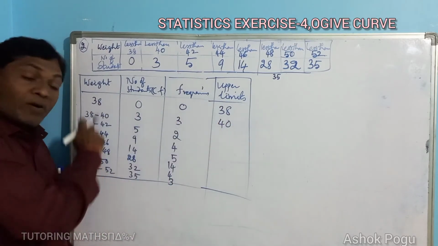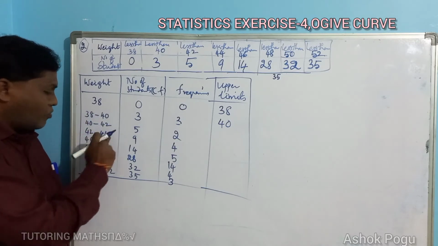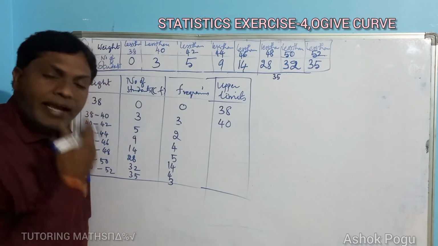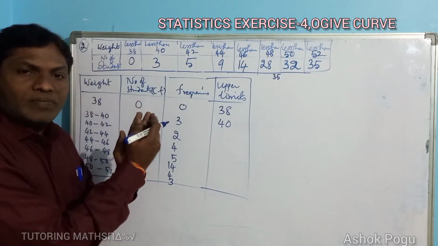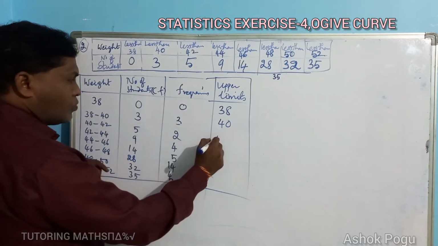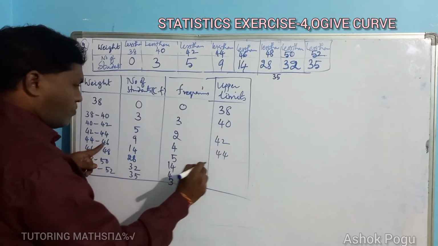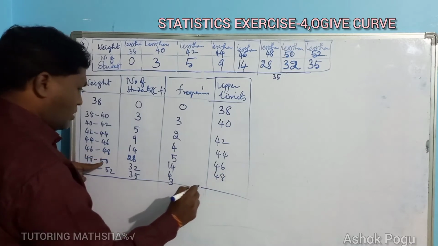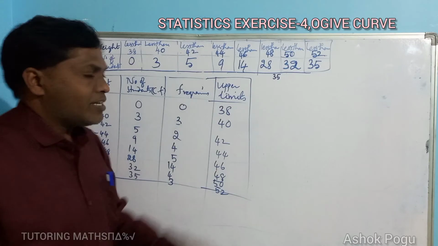Because which type of classes are these? 38-40, 40-42, 42-44, 44-46: chain, continuous classes, exclusive type of classes. The right side value always becomes the upper limit. 40, 42, 44, 46, 48, 50 and 52. So these are the limits.